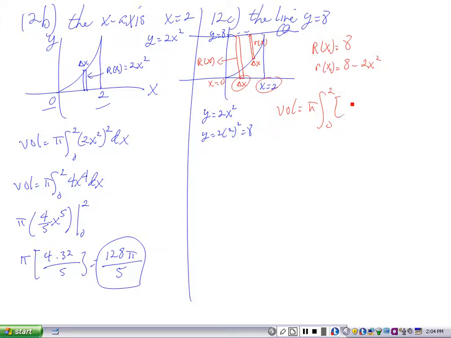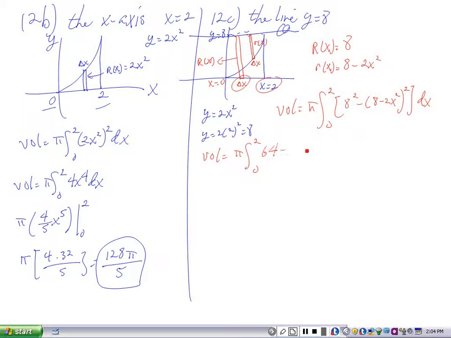So the washer method: the big radius squared minus the little radius squared, dx. So we simplify this. The volume is pi times the integral from 0 to 2.